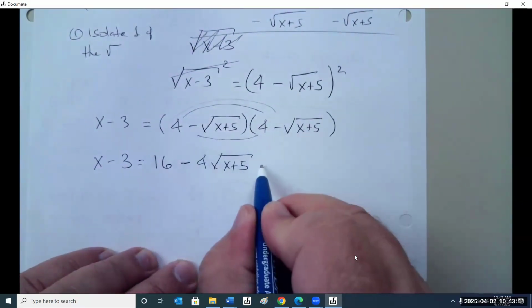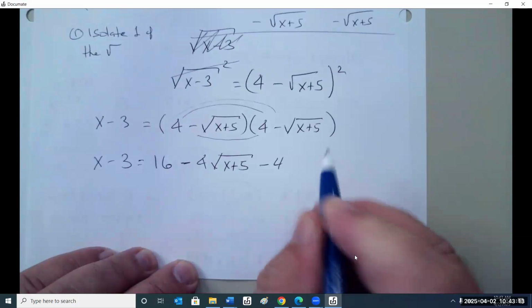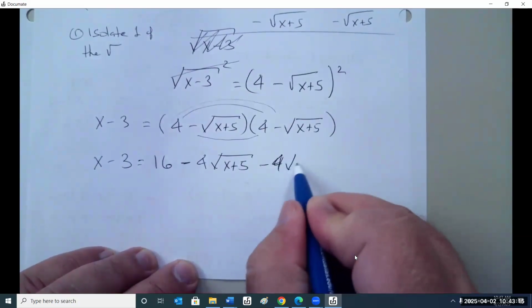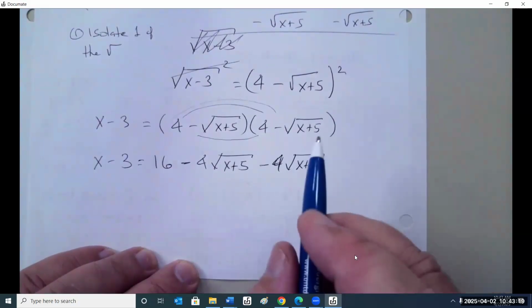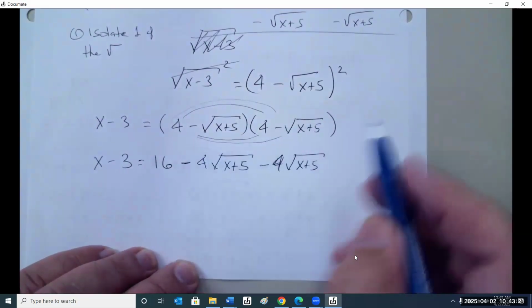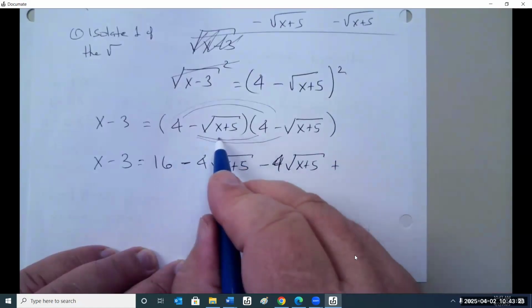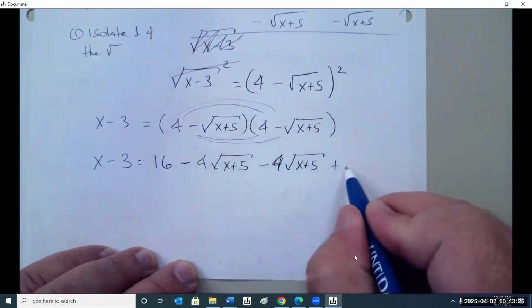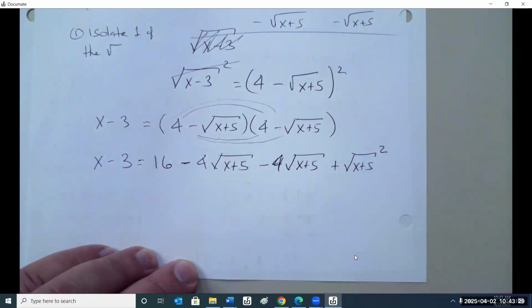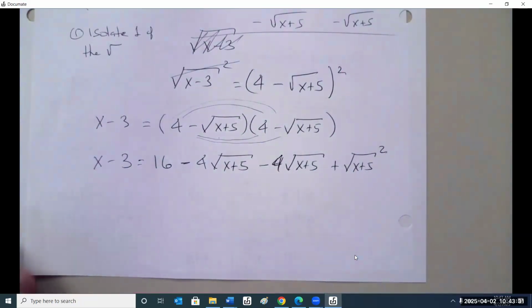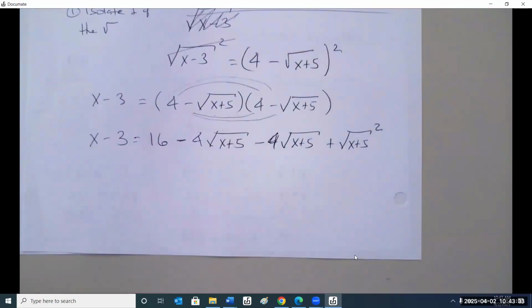Negative times positive is negative 4 radical x plus 5. Negative times negative is a positive. Radical x plus 5 times radical x plus 5 is radical x plus 5 squared. So far, so good?